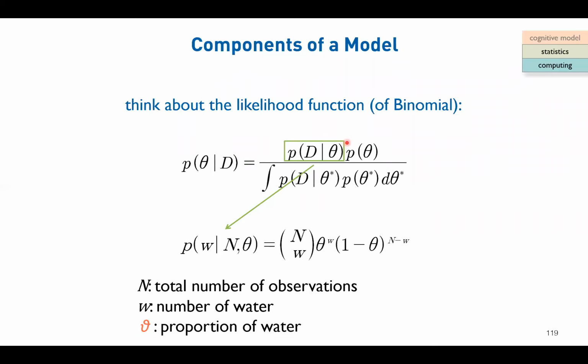And this binomial function has 3 variables. One variable is the capital N, the total number of observations. In this case, we have 9. And then the W here is the number of water, so 6. We have 6 water observations out of the total number of 9. And then the theta parameter is the unknown part that we're interested in: the true proportion of water, okay?